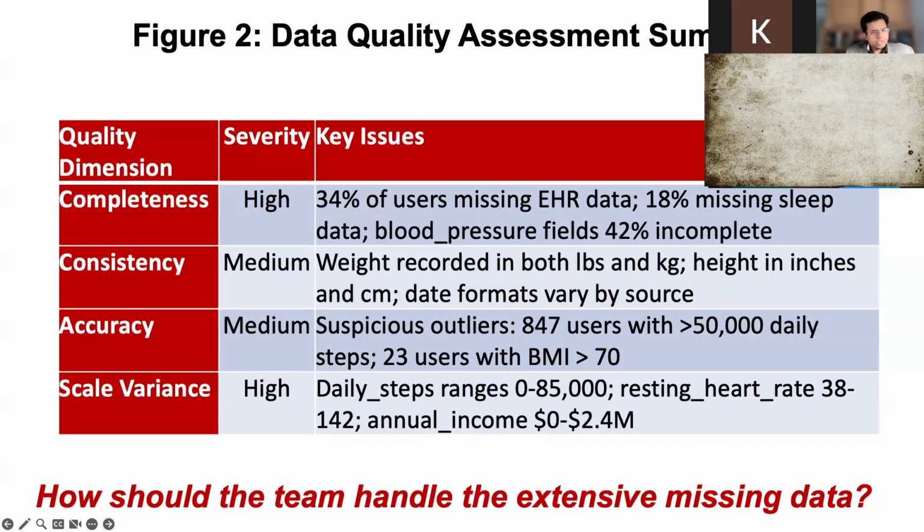So here is something which the case has provided. They looked at the data and realized there are some quality issues. On completeness, there was a quite severe situation, with 34% of users missing their EHR data. Electronic health records data is something they're going to use eventually, and 34% of them don't have it. 18% are missing sleep data, and blood pressure is 42% incomplete.